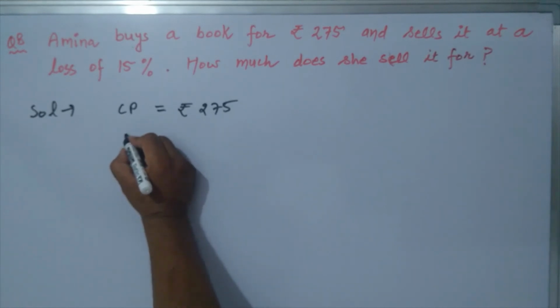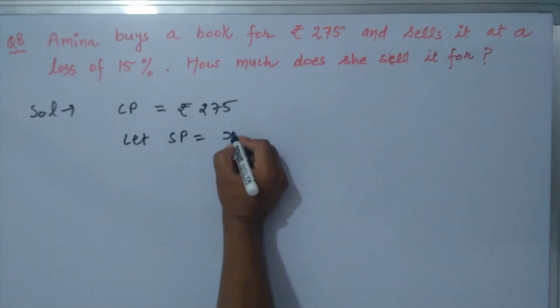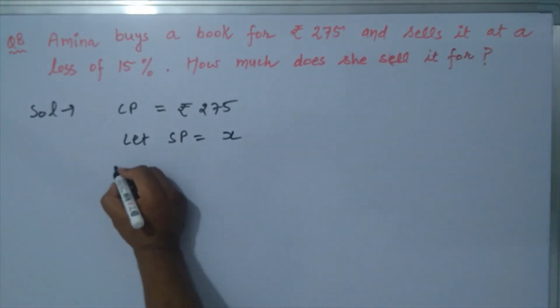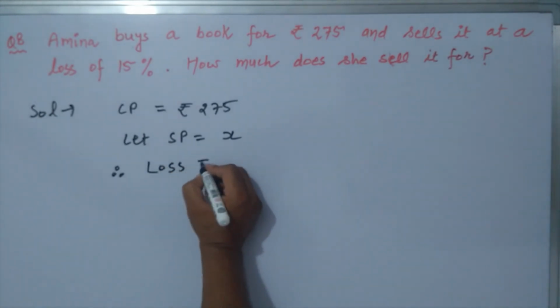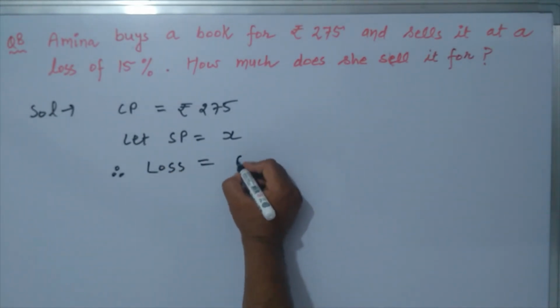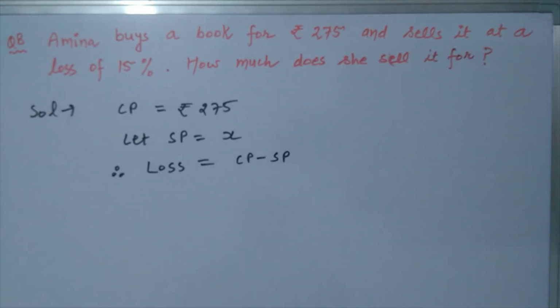Suppose selling price is equal to rupees X. Therefore, loss is equal to cost price minus selling price.